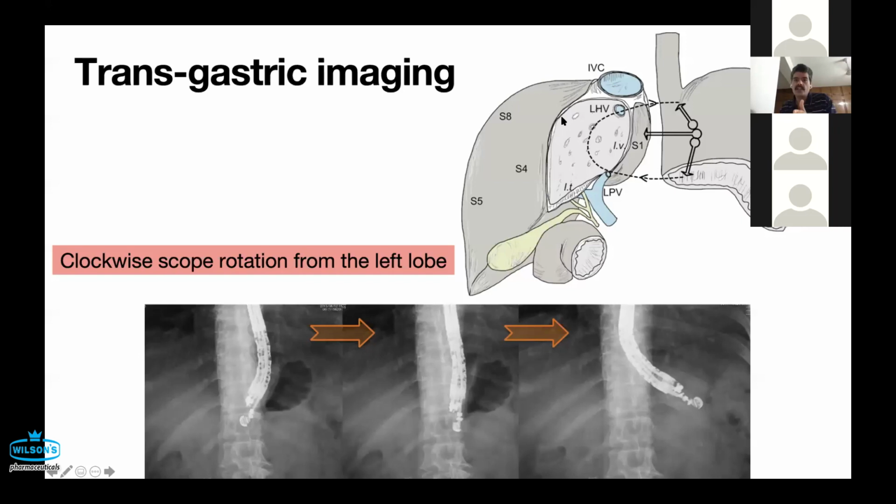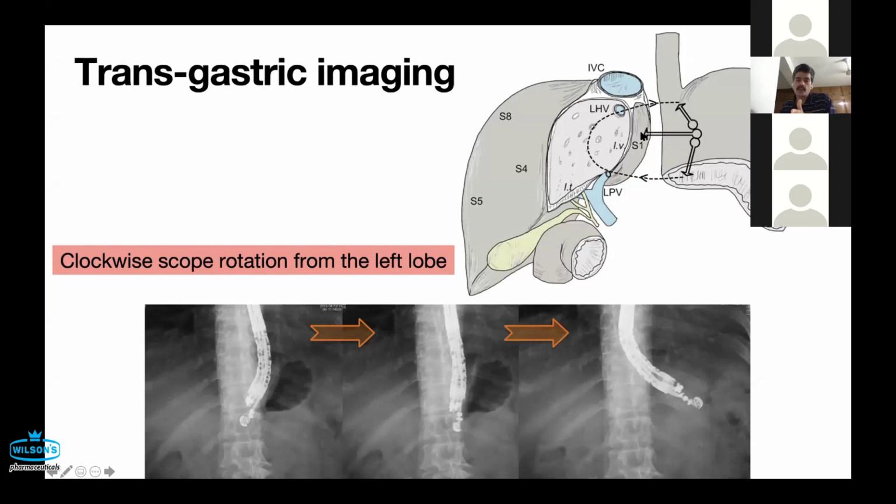and this is the falciform ligament on the liver surface. So we see the caudate lobe between the cava and the probe.